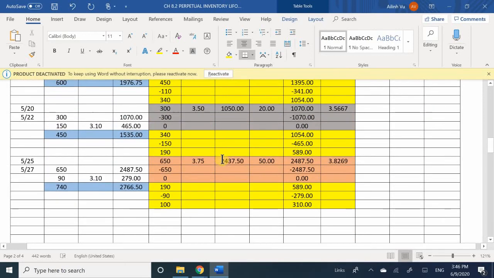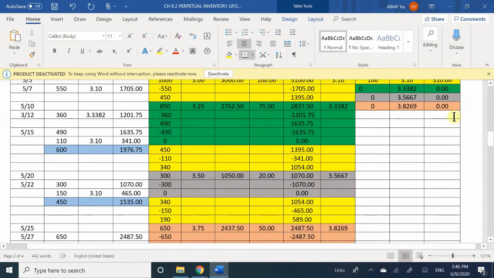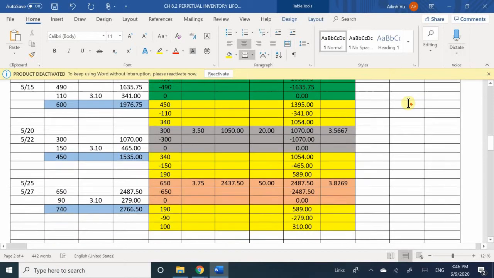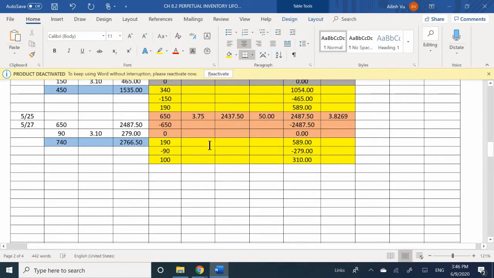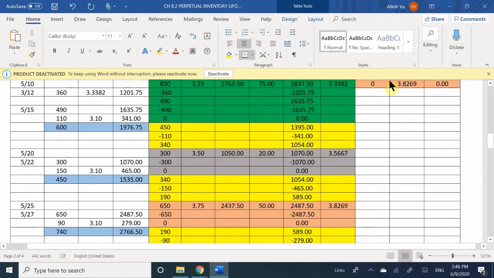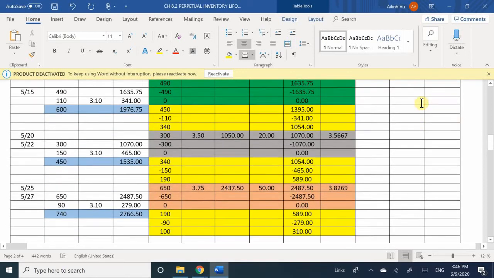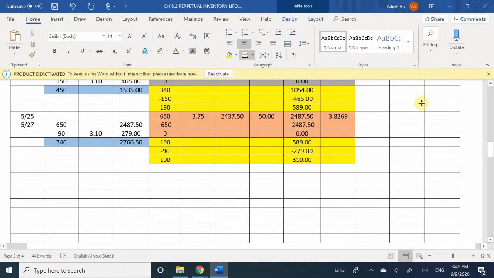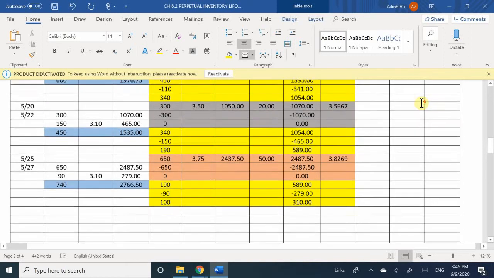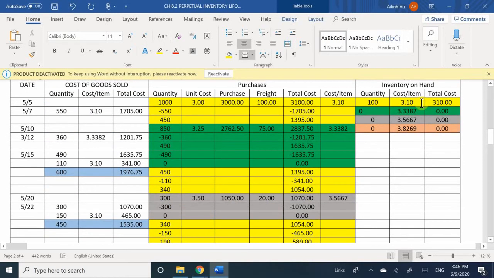So that is where we can tell the difference. Here we did LIFO. We sold our most expensive stuff, so therefore we only have remaining the first purchase that we bought.